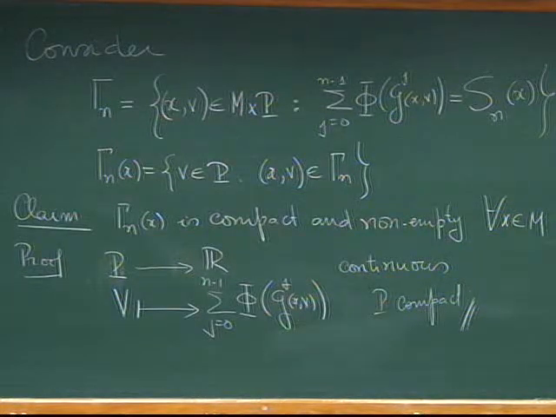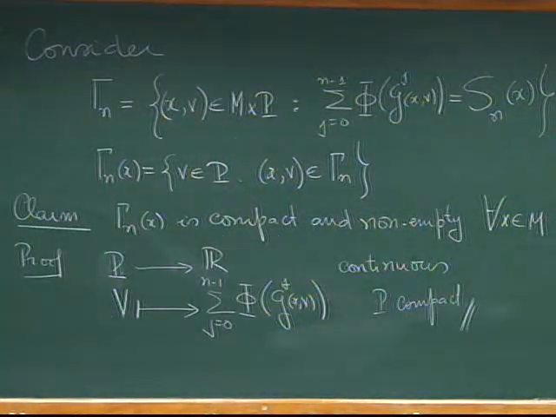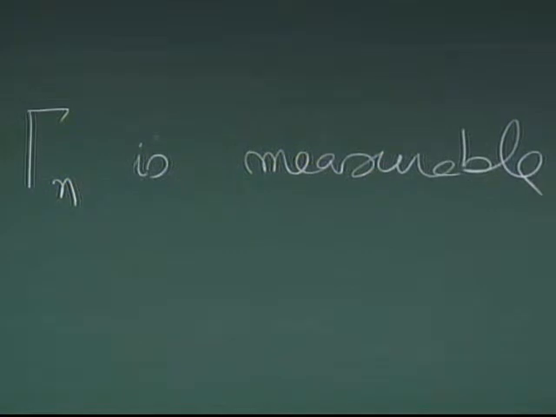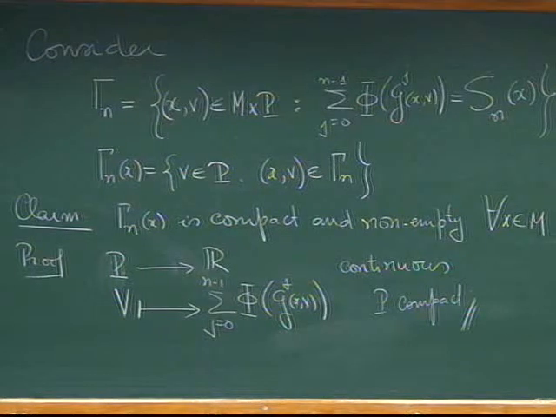Now, there's another nice thing about Gamma_n. The set Gamma_n is measurable, because all the functions that intervene in the definition are measurable functions. I didn't write it, but it's measurable, and so Gamma_n is measurable.